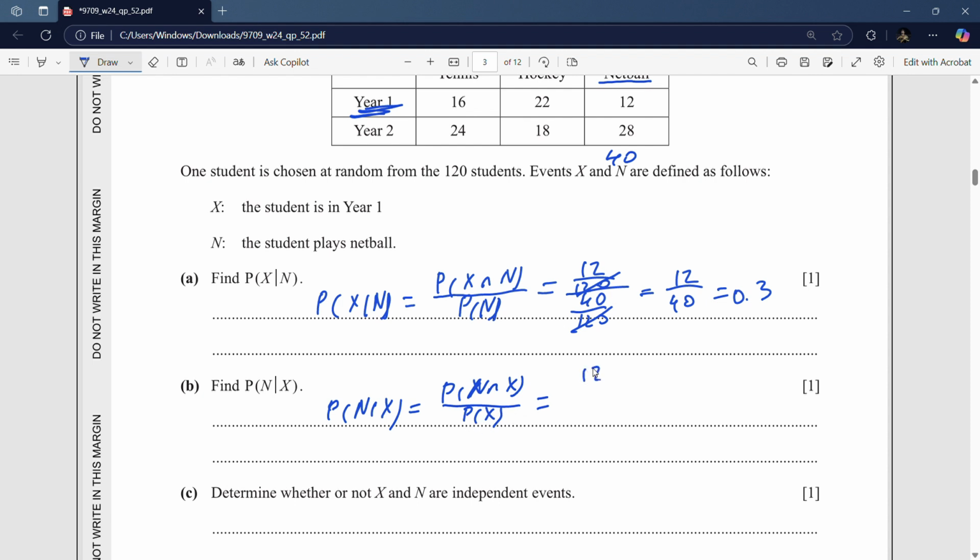So it's again 12 over 120, but this time the probability of x, the student is in year 1, so we have a total of 50 students in year 1. So it's 50 over 120, so again these 120s will cancel each other. 12 over 50, which is 0.24.